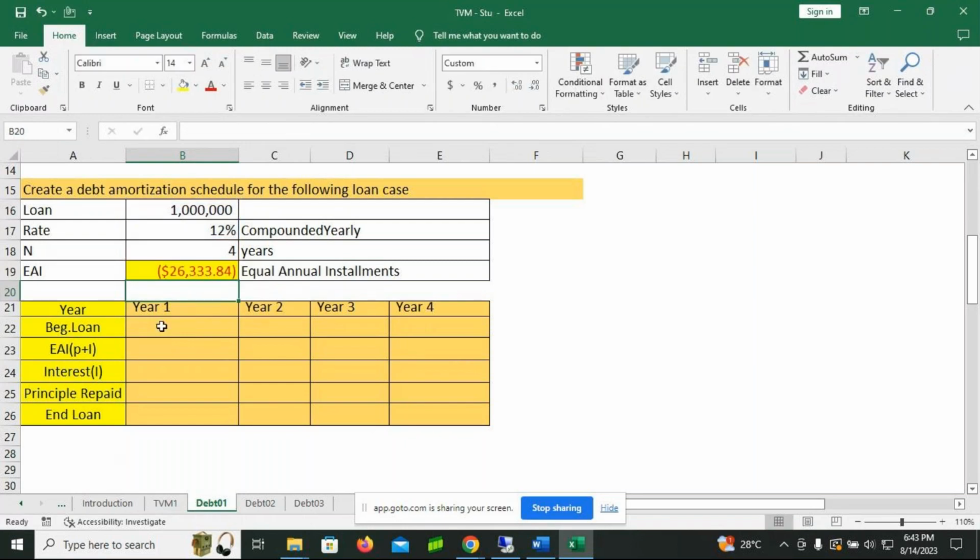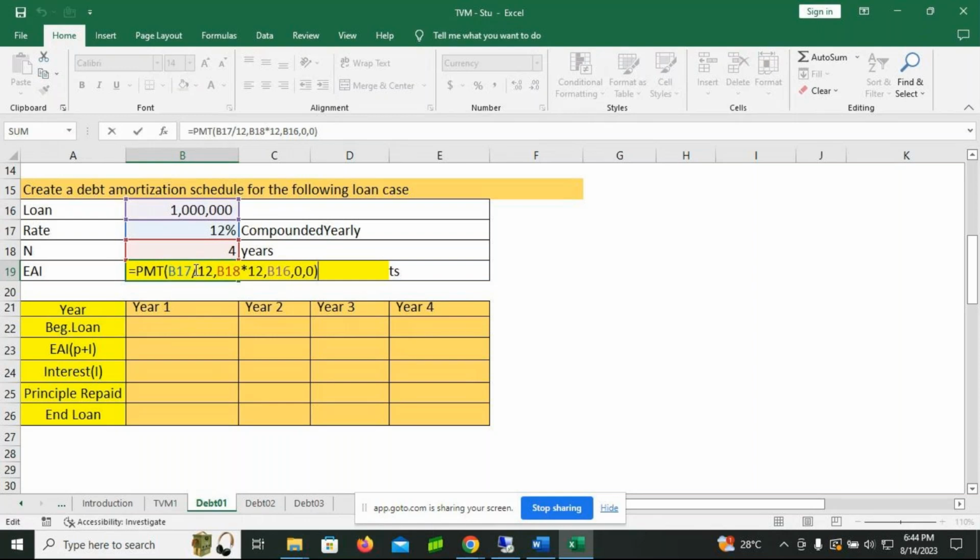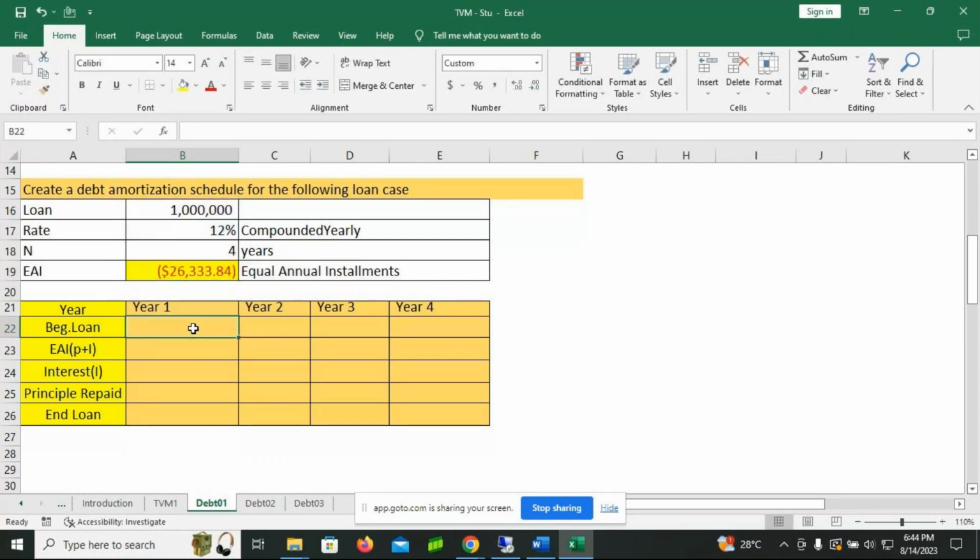So here I'm getting the EMI. So if I'm paying the installment monthly, I have to divide the rate by 12, and the N per, I have to multiply it by 12. So here I'll come, beginning of loan is 1 lakh rupees. EMI will be this value.